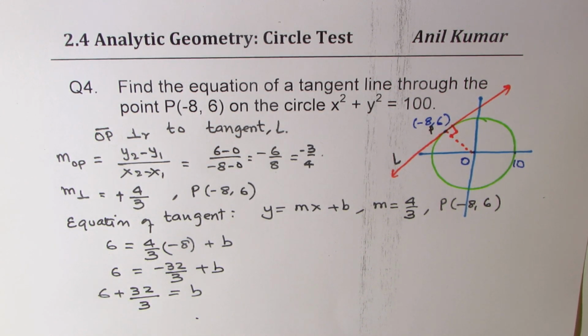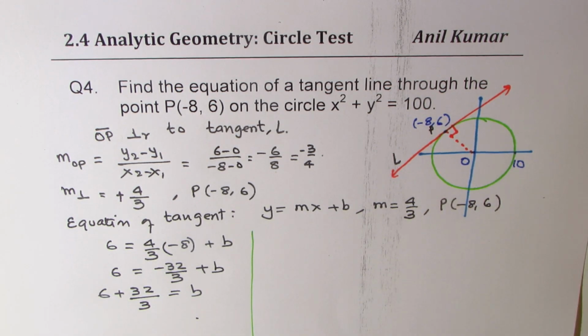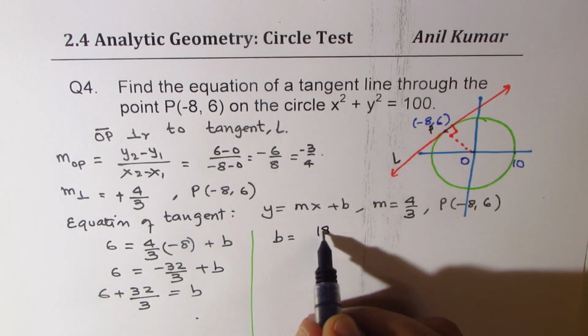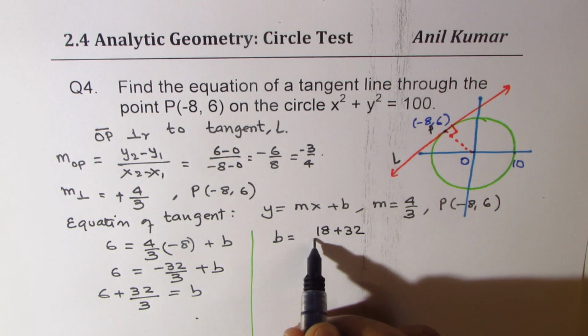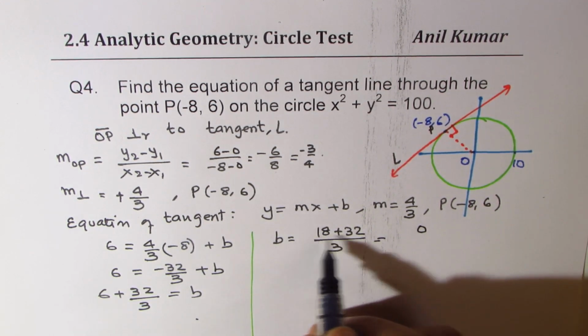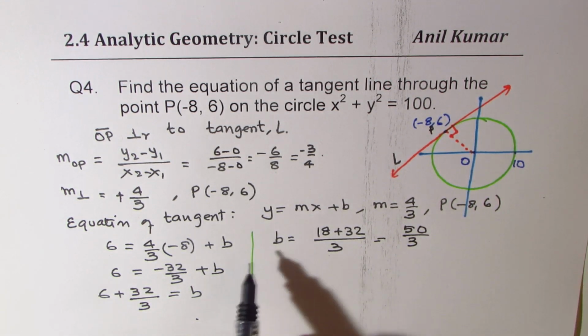So that is how you could get the value of b. Now let's find b and write down the equation. Taking a common denominator, we get 18 plus 32 over 3. So that is 50 over 3. That becomes the value of b.